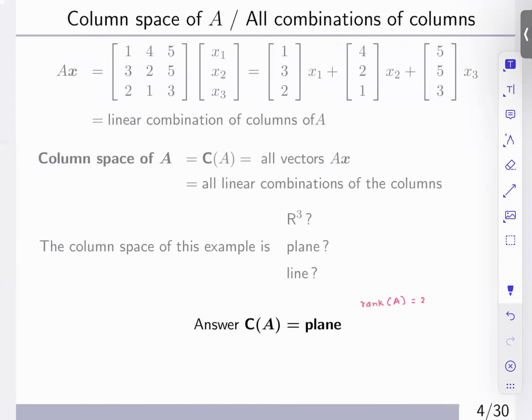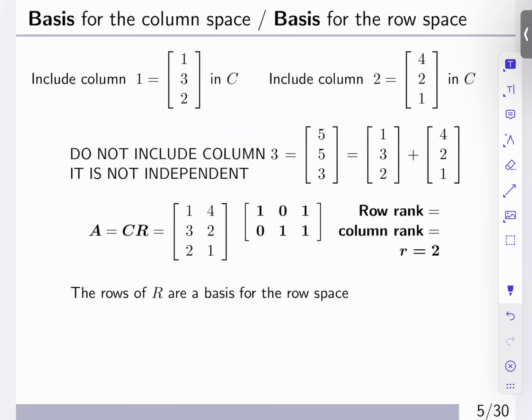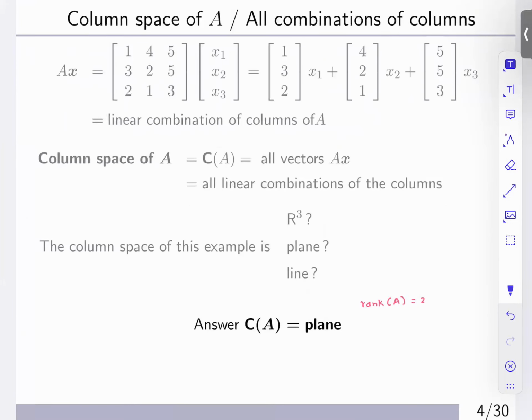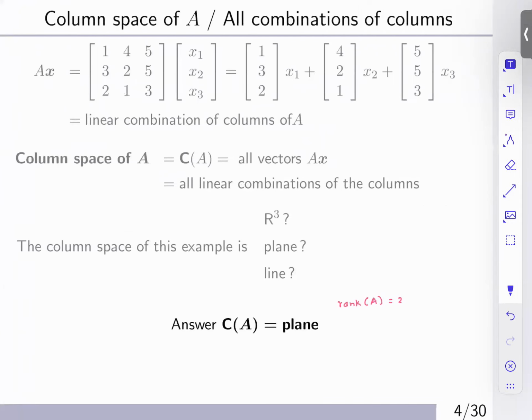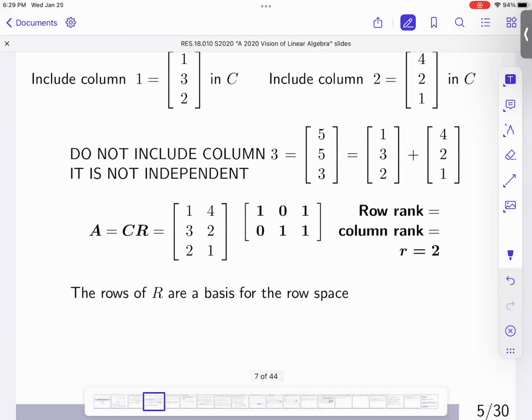I have this matrix 1, 3, 2, 4, 2, 1, and 5, 5, 3. So this is my first column C1, this is my second column C2, and this is my third column C3.